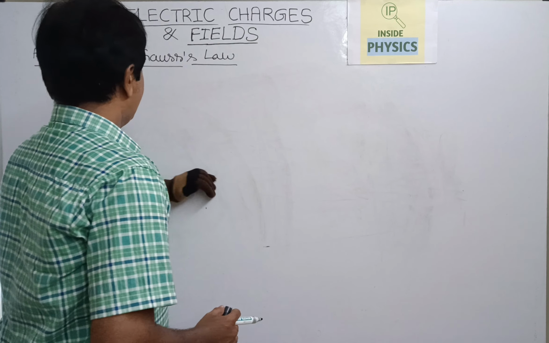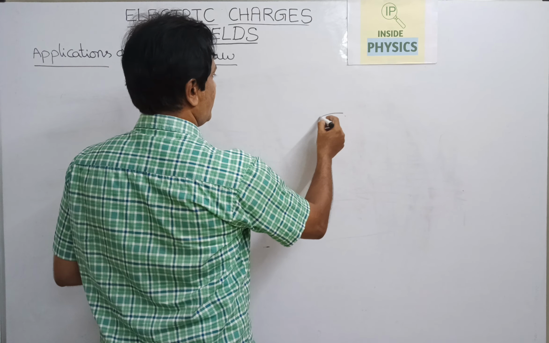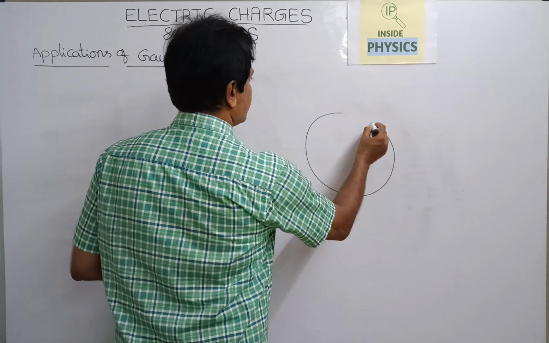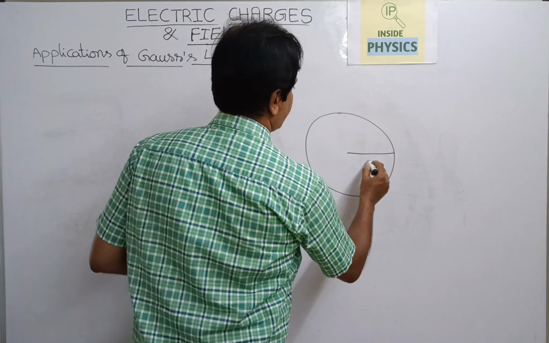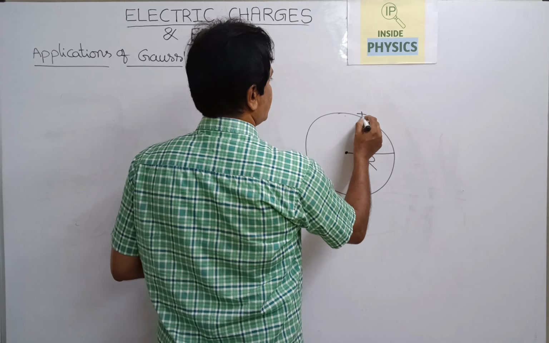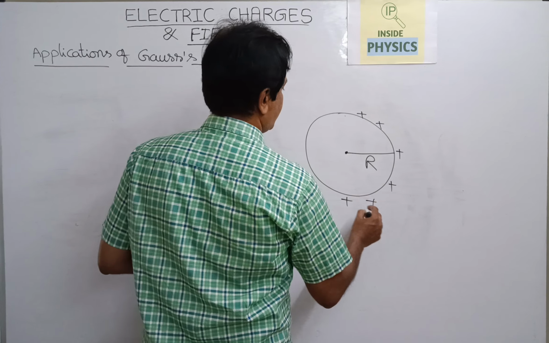Here we will take a spherical shell of radius capital R. This is the origin. This spherical shell is a charged spherical shell.